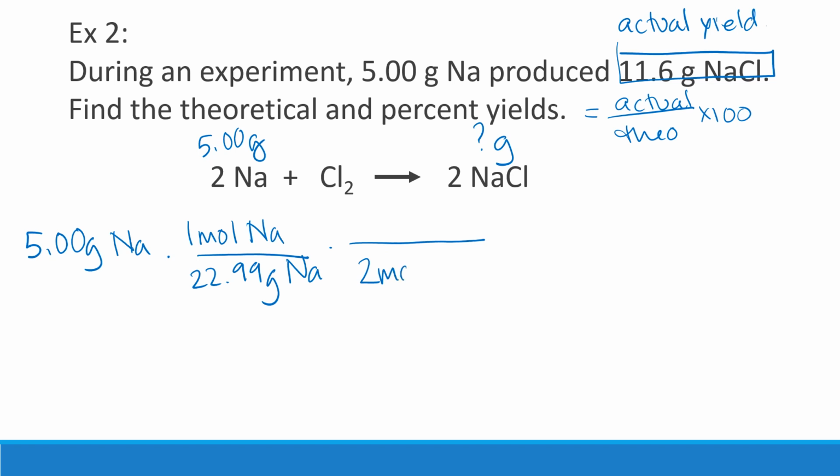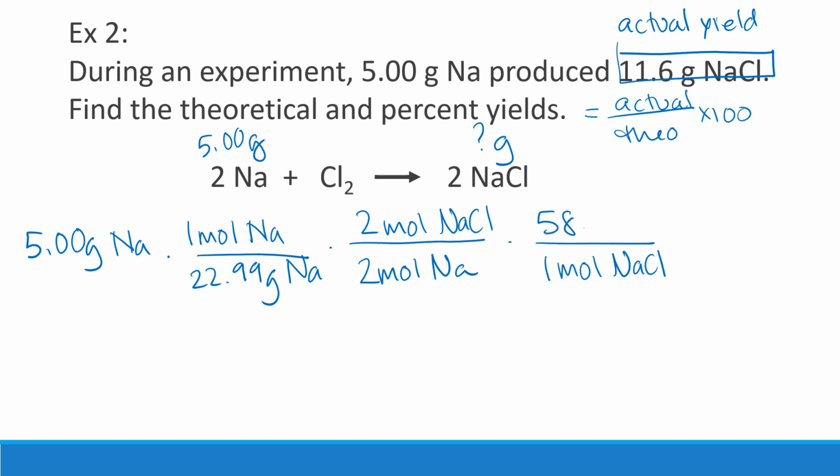So it's 2 moles of sodium for every 2 moles NaCl. And once I have moles of NaCl, I can convert that to grams. So 1 mole NaCl in the denominator has a mass of 58.44 grams. And so that's where I got my 12.7 grams of NaCl.